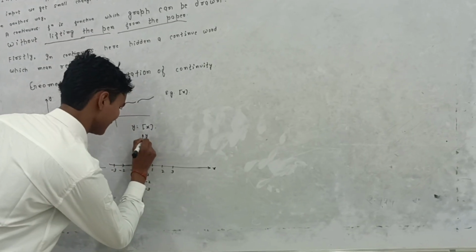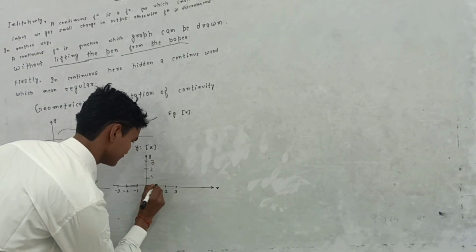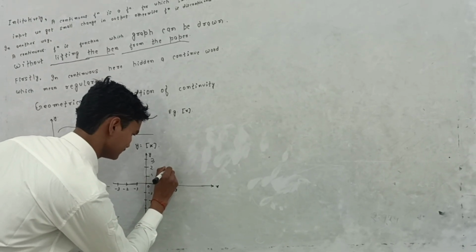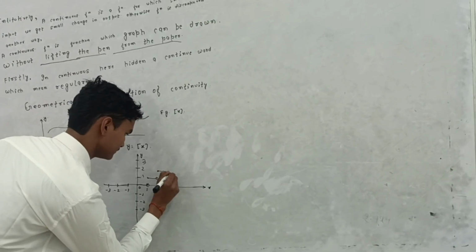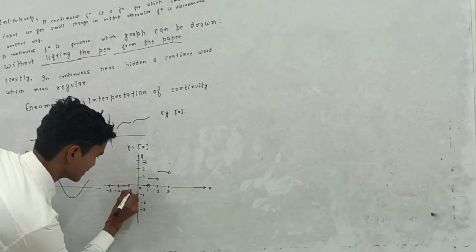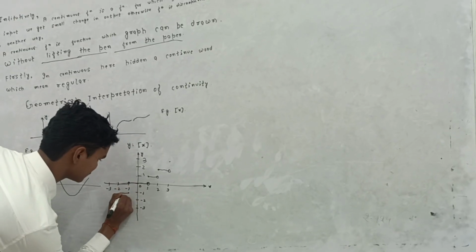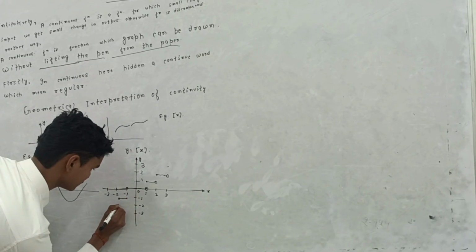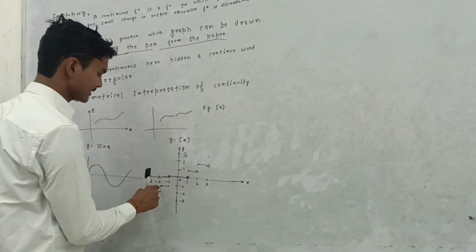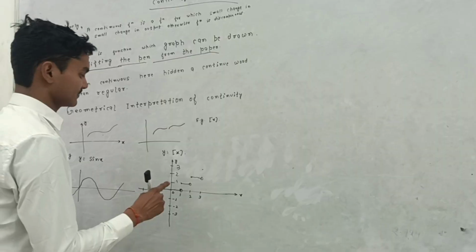one, two, three. And this side is also. Here at the point -1 is closed and -2 is open, because y is equal to the greatest integer function.